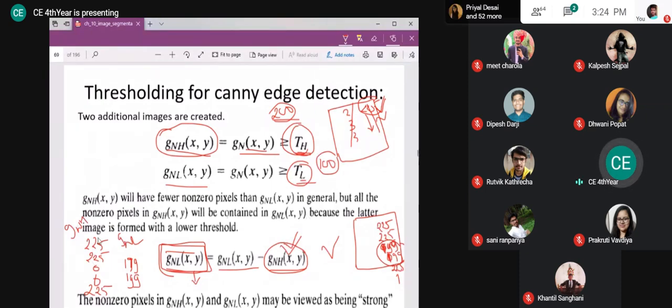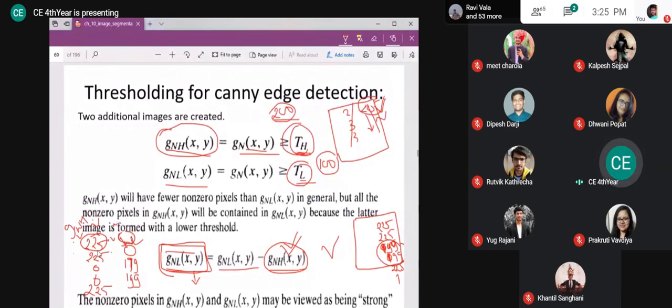Okay, now what do I have to do? What is my operation? I will take a non-zero pixel of GNH, check its 8 connectivity, and observe whether there is any non-zero value in GNL which is 8-connected with this 225. That means I will check in my GNL. What is my GNL? It is 0 here, 0 here. I will check this location, this location, this location, the 8 connectivity locations in my GNL.